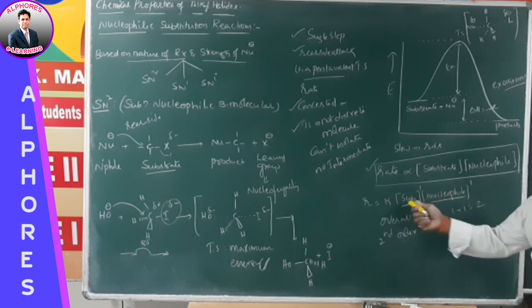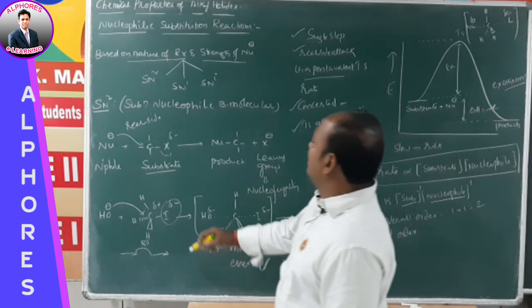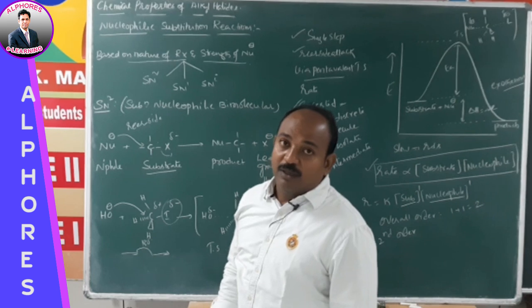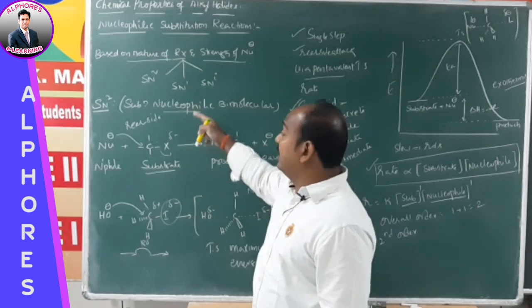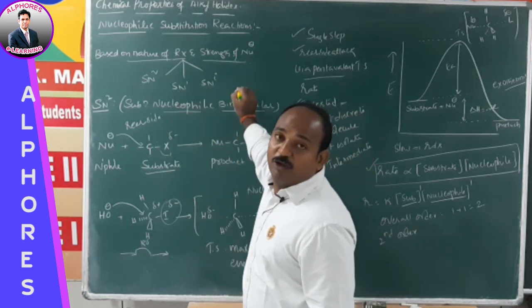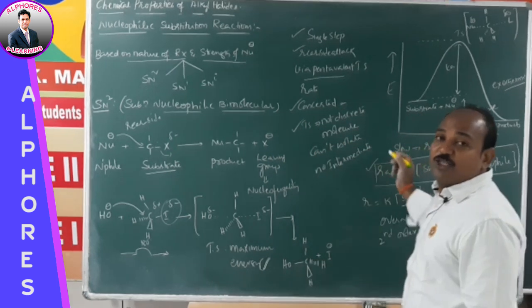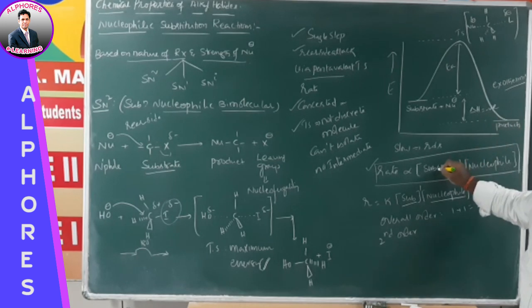Being 2 molecules taking part in this reaction, it is called bimolecular. So, substitution nucleophilic bimolecular. Here nucleophilic substitution takes place and in its rate law 2 molecules are going to take part. That means it is a bimolecular mechanism. Order is 2, and the rate of reaction depends upon both the concentration of substrate and the concentration of nucleophile. The more the concentration of substrate, the more the reaction rate.